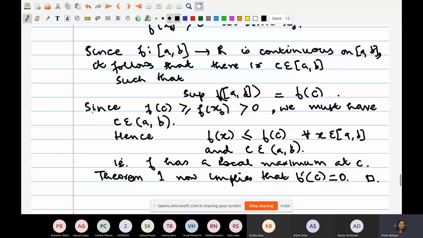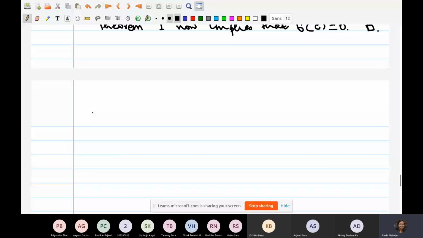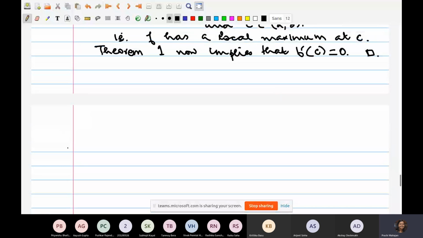Okay, so assuming that there are no further questions, having proved the first mean value theorem, let's record a corollary to the first mean value theorem, which is due to Rolle and called Rolle's theorem. These assumptions are very similar to what we had in the first mean value theorem, except the following thing.